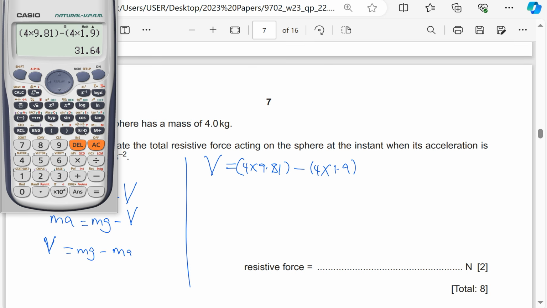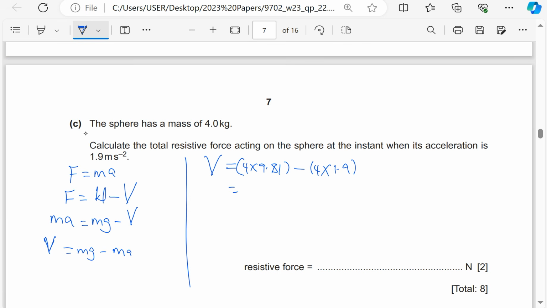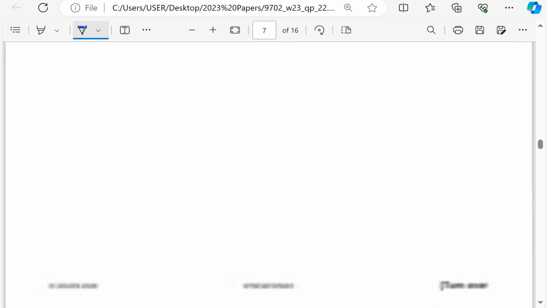This is giving me 31.64, which is approximately 32 newtons. This V is not standing for speed, it's standing for viscous drag. So the answer is going to be 32. You can use a different letter for the total resistive force, or you can write FR for total resistive force.